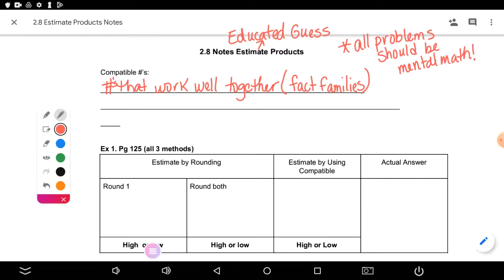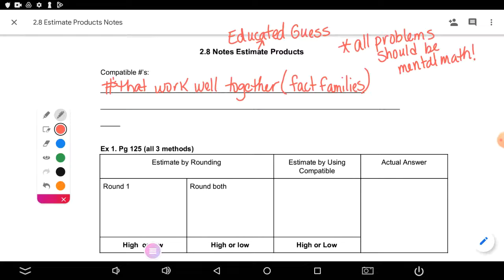But think fact families when you're thinking of compatible numbers. Now, the hardest part about estimating is that you can estimate different ways and be correct. If Ty estimates the problem one way and gets an answer, Audrey estimates it a different way and gets a different answer, they can both be correct. That's what you will not like, is there's not one right and one wrong answer. There are definitely wrong answers, but there are several right answers.